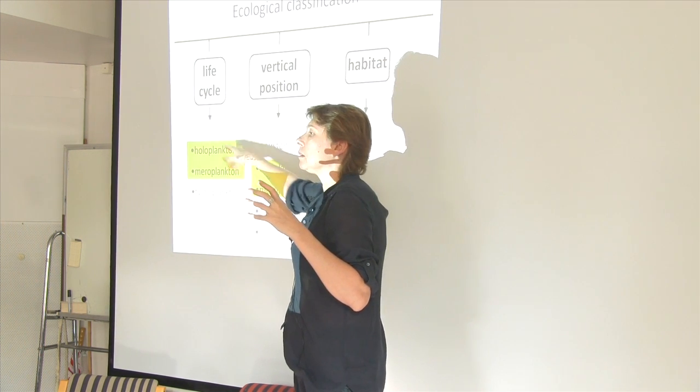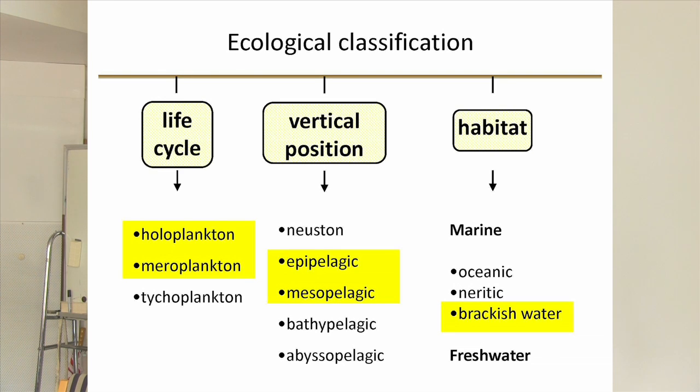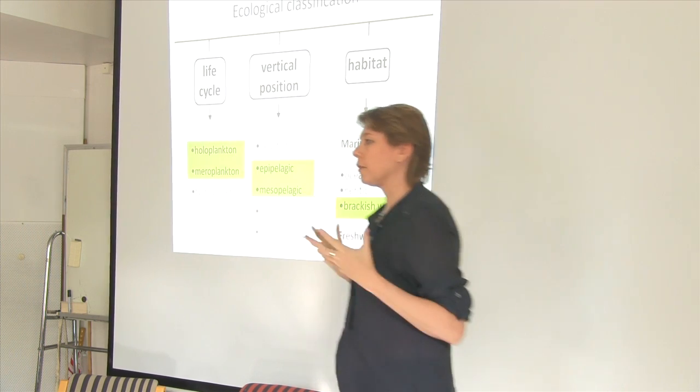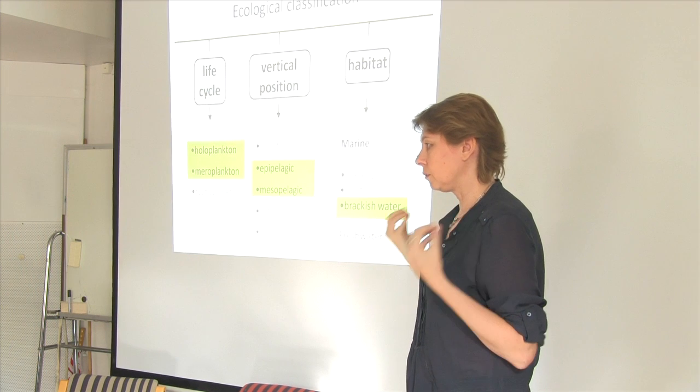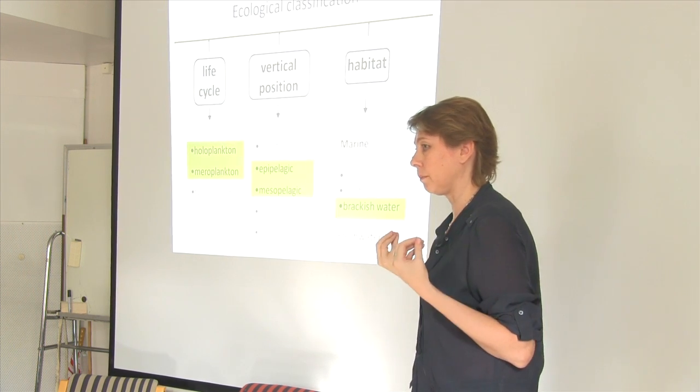It's holoplankton, species that live as plankton their whole life, or meroplankton. Those are larvae of benthic animals that spend only part of their life cycle as plankton. In some areas, they can be really important in terms of biomass, in terms of contribution to productivity, and in terms of contribution to fish feeding. So this meroplankton is essentially a part of what we sample, alongside the true holoplanktonic part of the community.